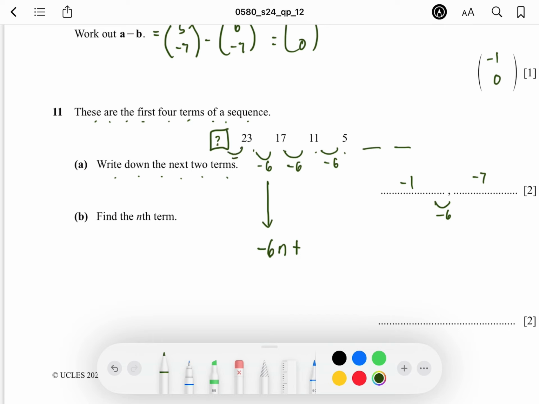Ni. Kalau nombor ni minus 6 dapat 23. Artinya dapat nombor sebelum 23 campur dengan 6 dapat 29. And you can check 29 minus 6 is 23. So minus 6n plus 29, and that is how you get your solution. Okay.